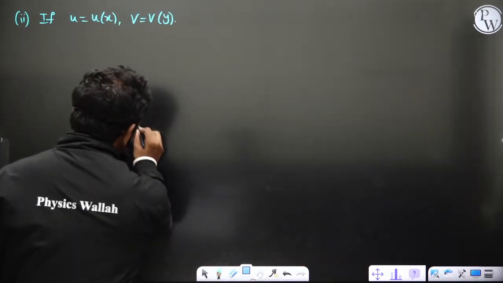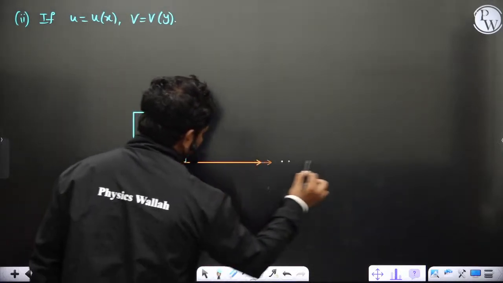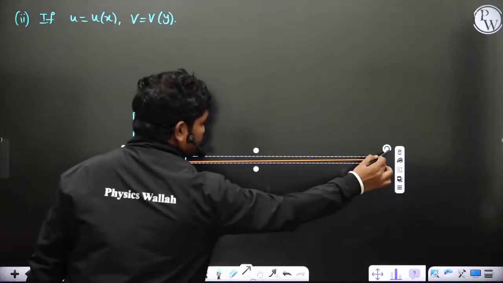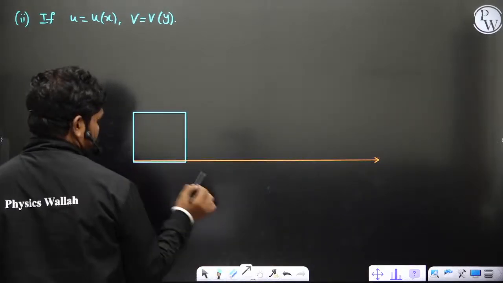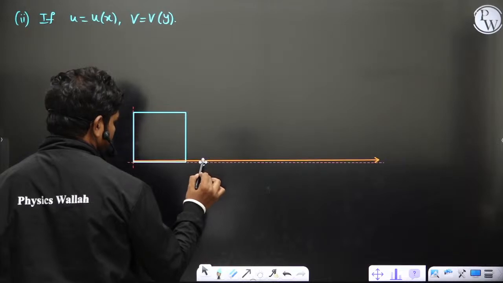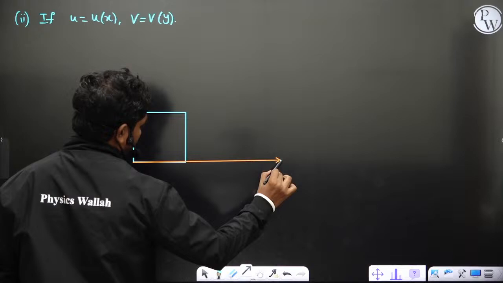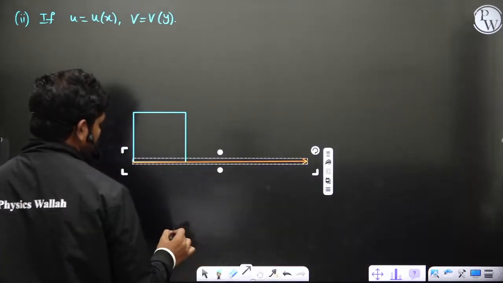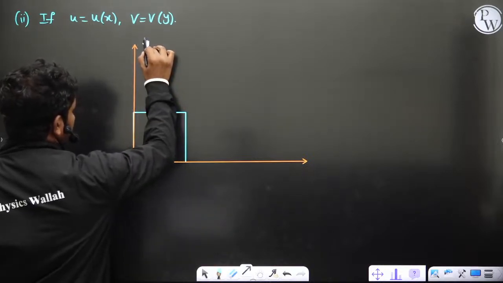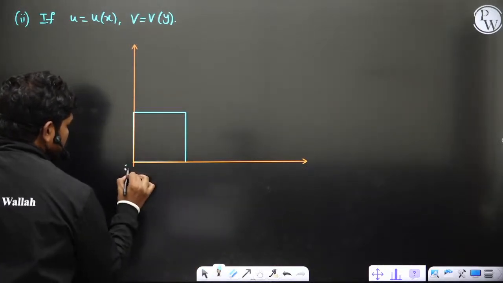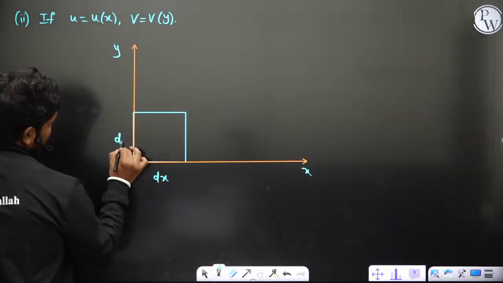Now again take the fluid element in a flow, with origin, x, y, this is dx and this is dy.